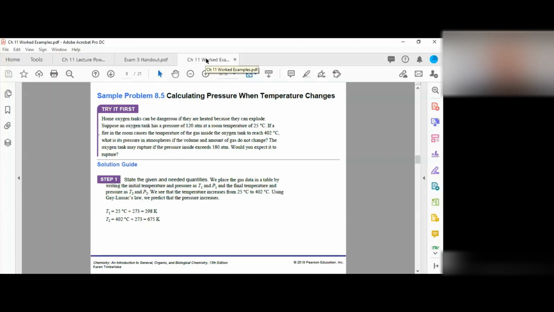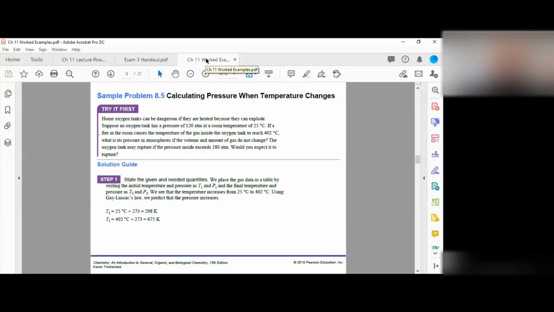If a fire in the room causes the temperature of the gas inside the oxygen tank to reach 402 Celsius, what is its pressure in atmospheres if the volume and amount of gas do not change? So I have pressure, temperature, and I'm being asked for P2 if T2 takes place.